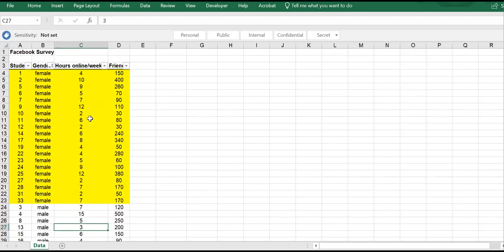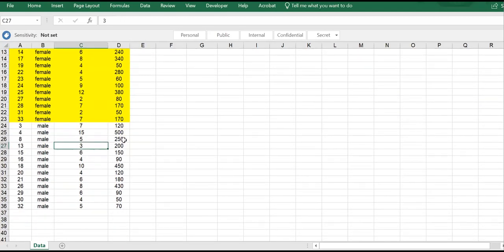All right, so this would be my sample one, the first sample coming from the female group of students. And then I have another sample of number of hours spent from the male group of students.